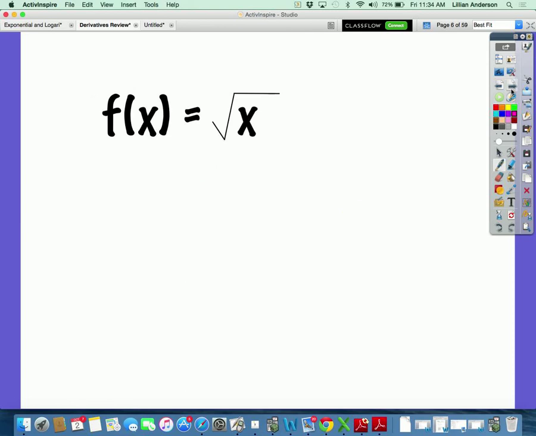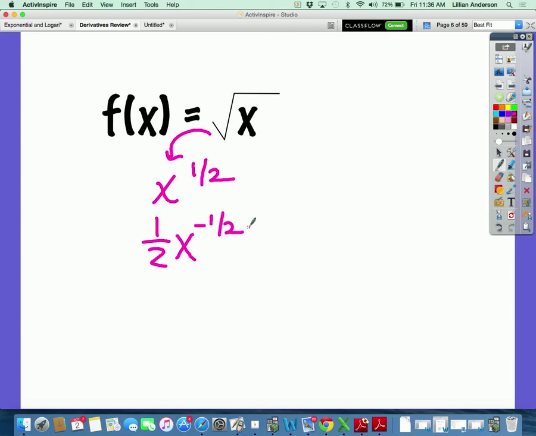Here's the next one. Is it 1 over 2x to the 1/2? Yeah, you just 1 over 2 square root x. Oh, that's true. Yeah, so power rule, I got x.